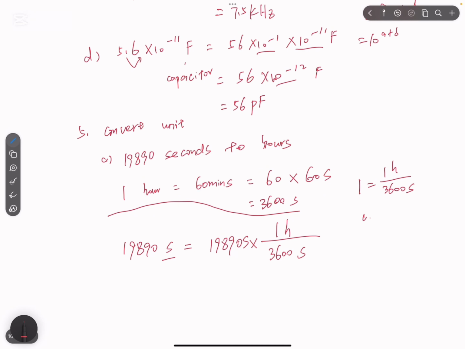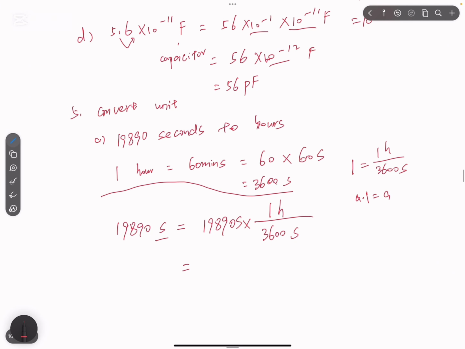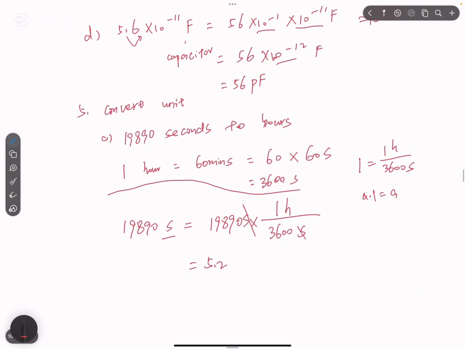And everything times 1 is itself. So it will be 19890 divided by, we cancel out the unit seconds, we get hours. So that will be 5.5250 hours.